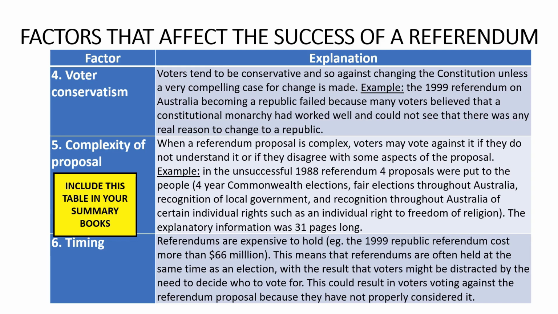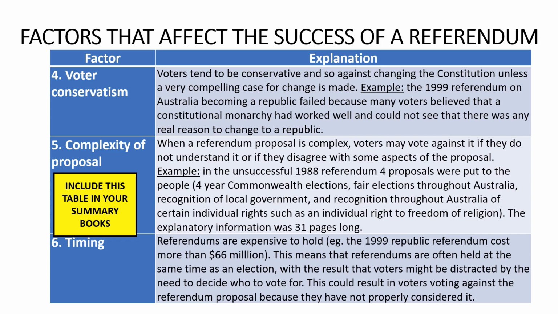And the sixth and final factor that can affect the success of a referendum is that referendums are often held at the same time as an election for the Commonwealth Government. This is because it is very expensive to hold referendums. For example, the 1999 Republic referendum cost more than $66 million. And so, to minimise this cost, referendums are generally held at the same time as a Commonwealth election.